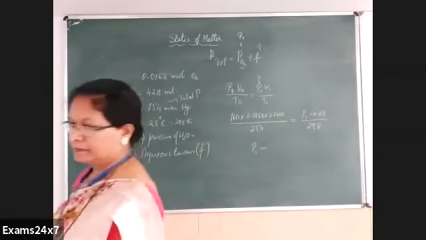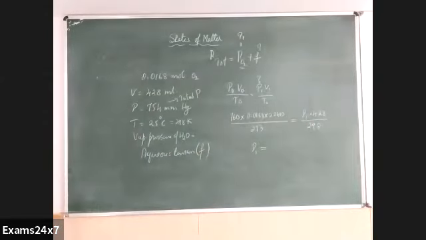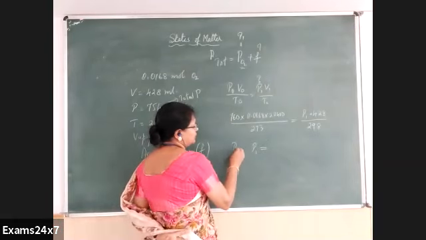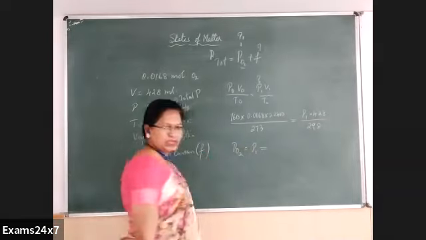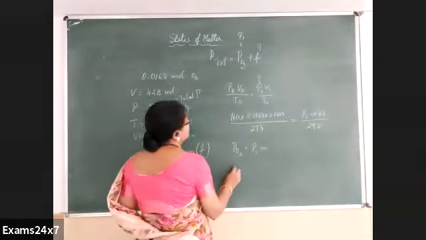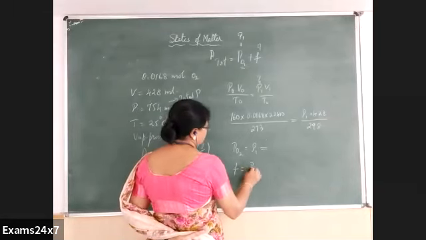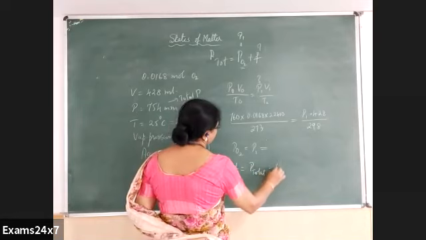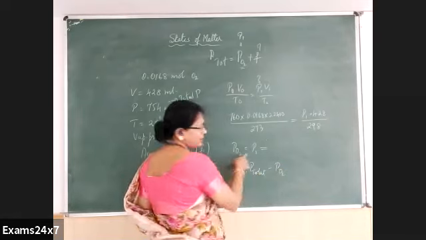Solve for P1. Once you solve for P1, what is P1? P1 equal to pressure of dry oxygen gas, right? Then what you would do? Therefore, F equal to P total minus P of O2, that is P1.